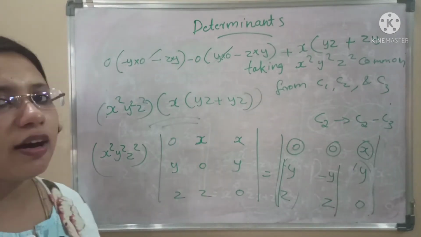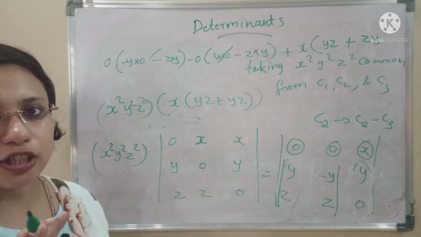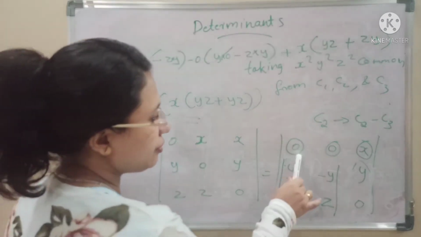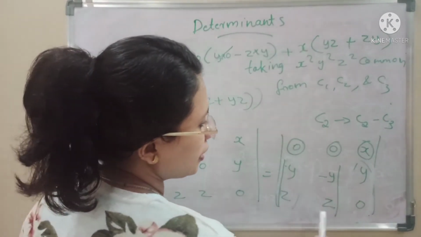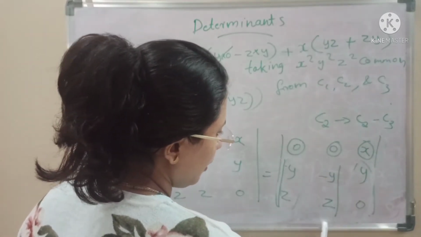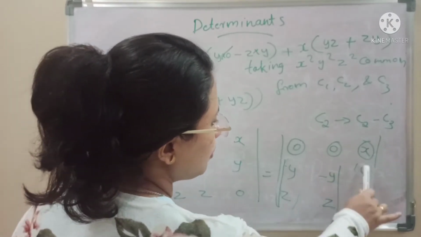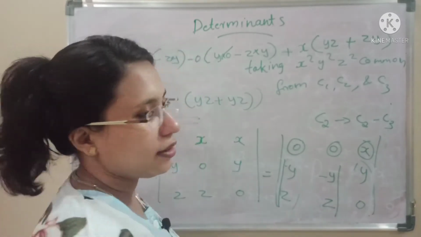I hope you are clear with the procedure for solving the determinant, right? So each element we will consider, we will avoid the same column elements, we will consider the other two. Take the next one and similarly avoid this one, take these two. And the third one will avoid the similar column terms, then take the other two.